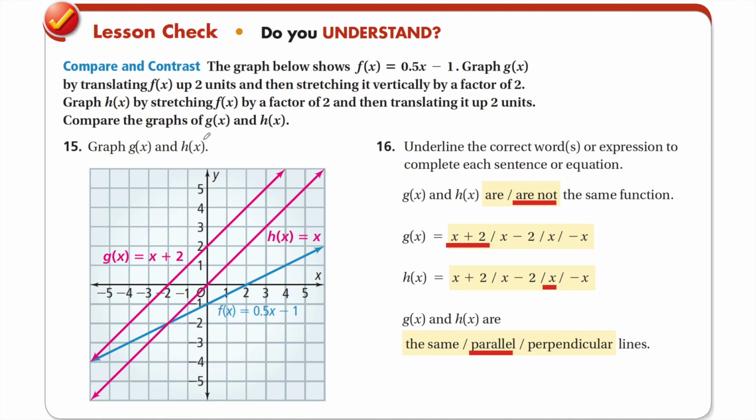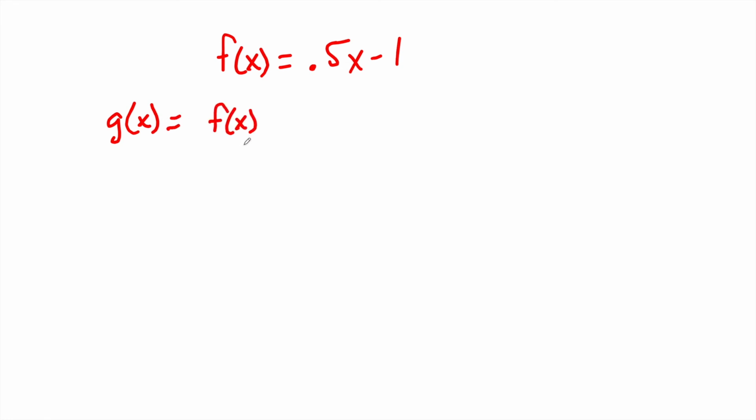So, let's see where all of this came from. If we started off with our original function, that f of x, and we said f of x is going to equal that 0.5x minus 1. Our g of x says that we are going to take our f of x, and we're going to do a vertical translation of going up by 2, so we're going to add 2 to it first.